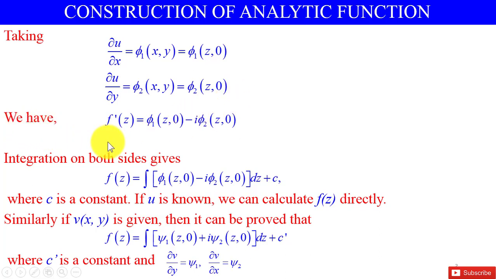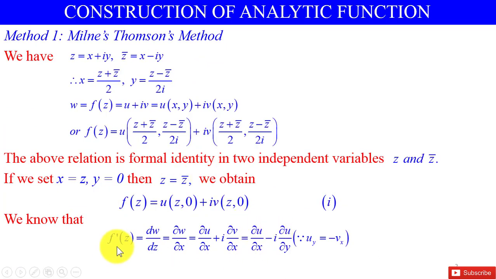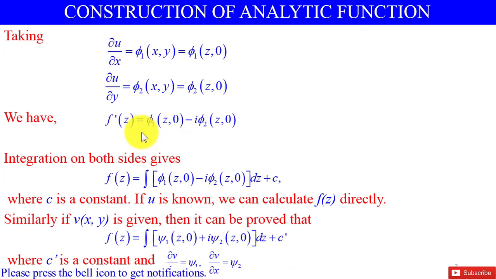Therefore, we have f dash z is equal to phi 1 of (z, 0) minus i phi 2 of (z, 0), because f dash z is equal to del u by del x minus i del u by del y.